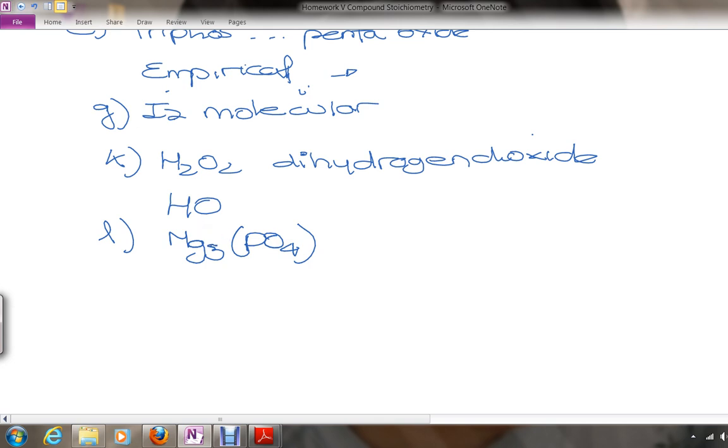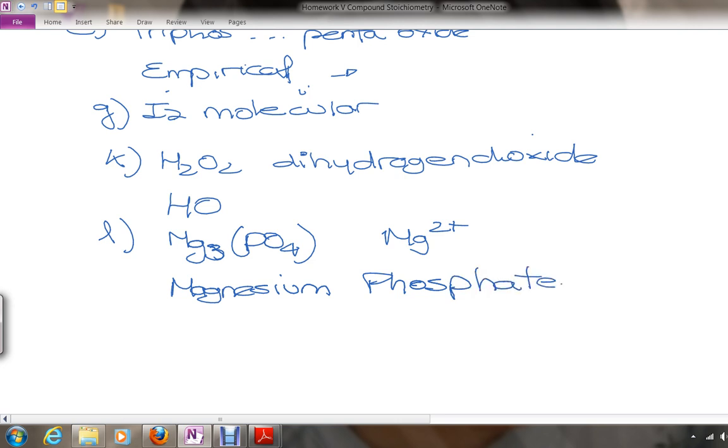The charge of magnesium is +2, so we don't have to give the charge. So it's magnesium phosphate, and it's ionic. Remember, we only say if it's empirical or not when it's molecular. Why? Because an ionic compound is always the minimum ratio, since it depends on the charge.